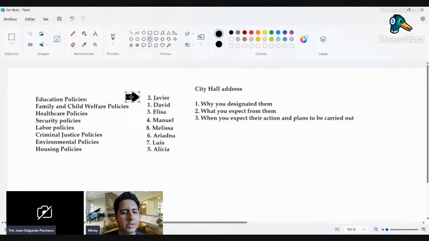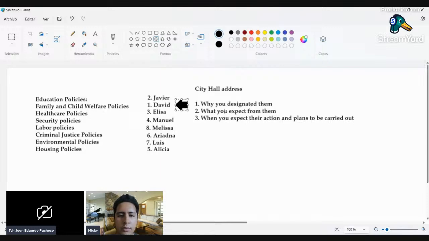First of all, I want to say thank you to David. David is in charge of family and child welfare policies, and the reason why is because I know the quality of person that David is, and obviously I have a lot of expectations of him for the same reason. So that's why I want to have a plan of all the activities and all the work that David is going to do for the family and child welfare.